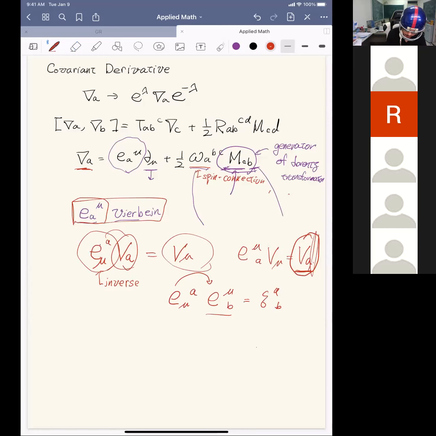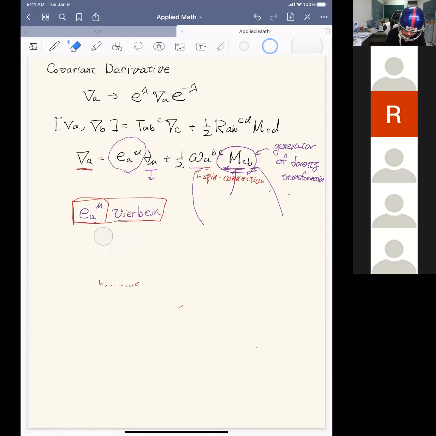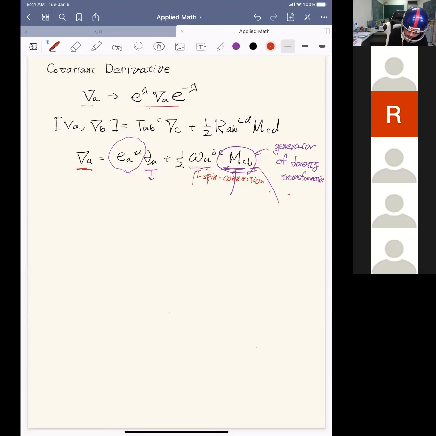Okay, good. Now that we've established curved indices and flat indices, what is the point of the Vierbein? Of course we've also established previously why we want to have covariant derivatives. And now you see why we define things in this way, precisely because you're defining it through the covariant derivative.